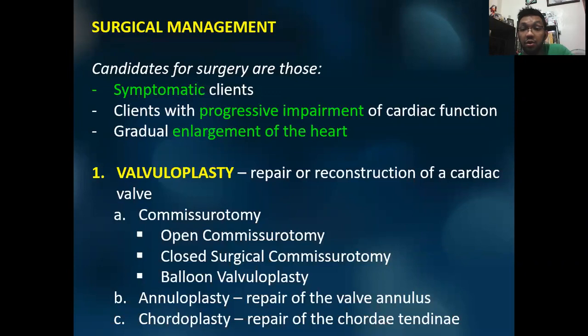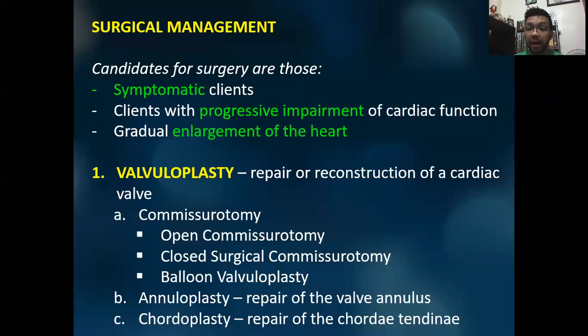Closed surgical commissurotomy and balloon valvuloplasty. Commissurotomy is done to patients who have stenotic valves. They will try to increase the diameter or the opening of the valve in order for blood to pass through it.